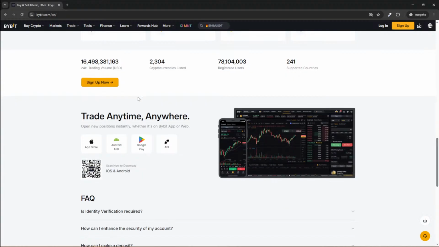Alright, cool stuff that you need to know about the ByBit app. You can use it to trade anywhere on your iPhone from the Apple App Store. You can use an Android APK in case you don't find it through Google Play, or in case you are using a phone that doesn't actually support Google Play.